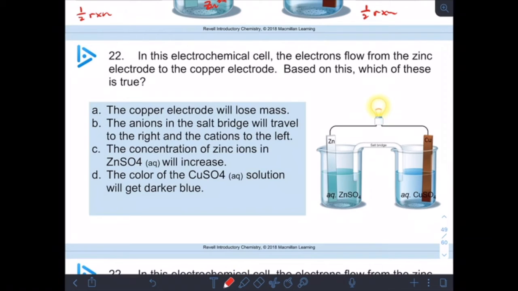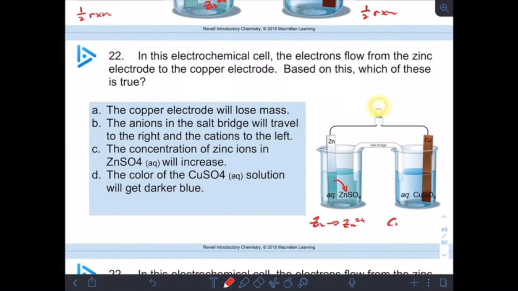So in this electrochemical cell, the electrons will flow from the zinc electrode to the copper electrode, which is true. Remember that the left-hand side is zinc solid being oxidized to zinc 2+, so zinc is becoming ions.